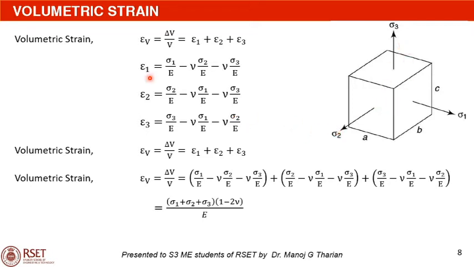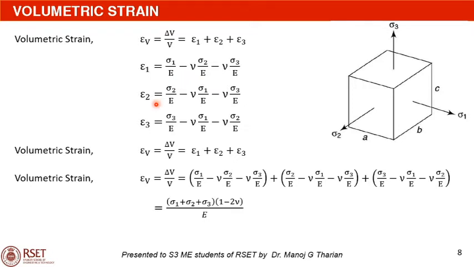It is equal to sigma 1 by E from Hooke's law, minus nu into sigma 2 by E by the effect of Poisson's ratio, minus nu into sigma 3 by E. The negative sign here is given because the tensile stresses sigma 2 and sigma 3 cause a reduction in length and thereby the strain is negative.